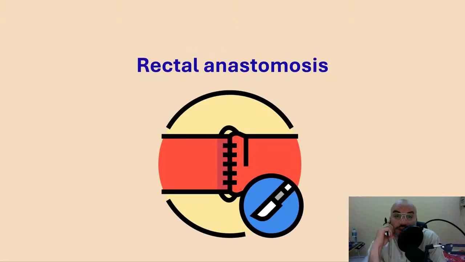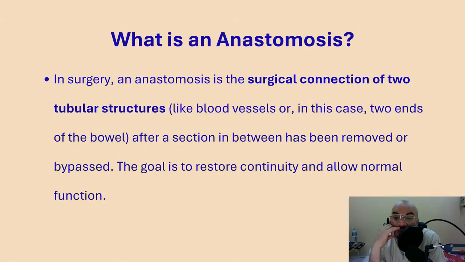The third concept that we discuss is the rectal anastomosis, and it's important here to know this procedure. Anastomosis is usually when they join two openings to come inside each other, keeping the flow of contents from one part to another. In general, they put two hollow organs together and connect them.